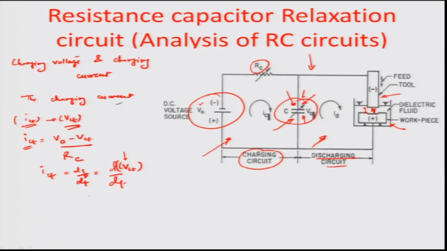The capacitance C being constant, we can record this as C dVCT/dt. So, this can be equated as C dVCT/dt equals V0 minus VCT divided by RC.